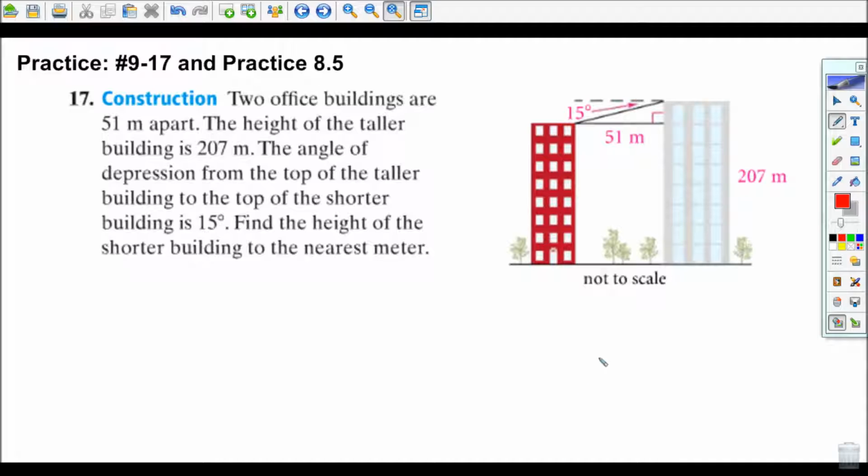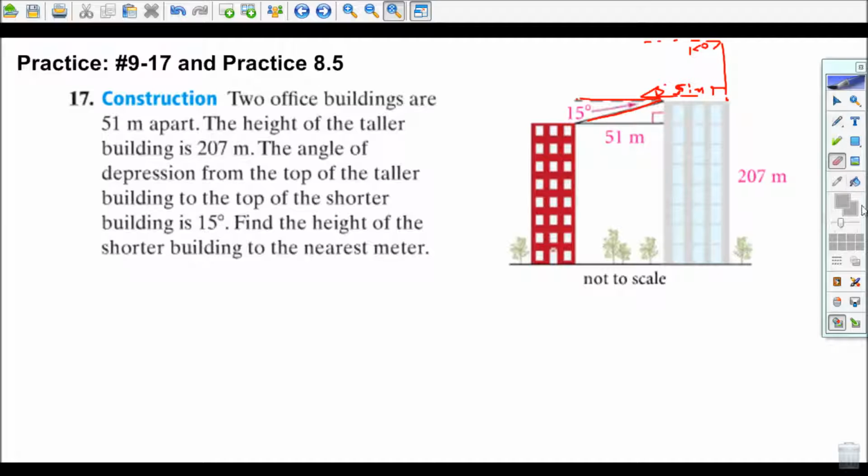So they have the angle of depression, you have your horizontal line, and then it's going downward. That's 15 degrees. I'm going to redraw what they have here. So this is 51 meters. So if 15 degrees is here, it also is there.